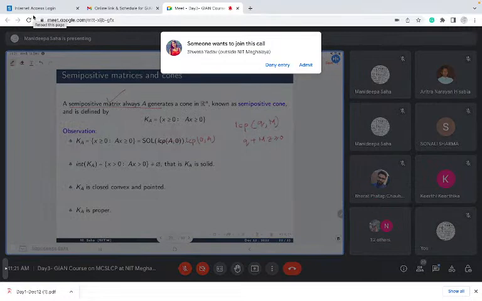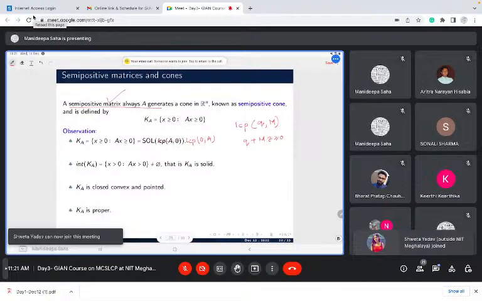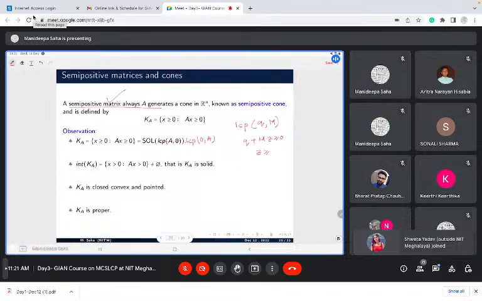q is 0 here, and then the next one is z is 0. No, what is this?